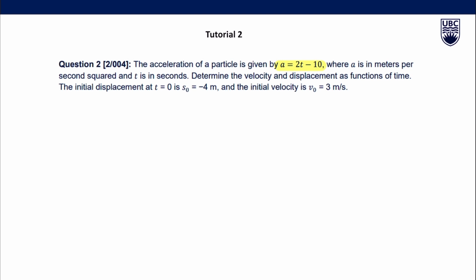So here we have a equals 2t minus 10, and you know a is the derivative of velocity with respect to time. So we can take the integral.